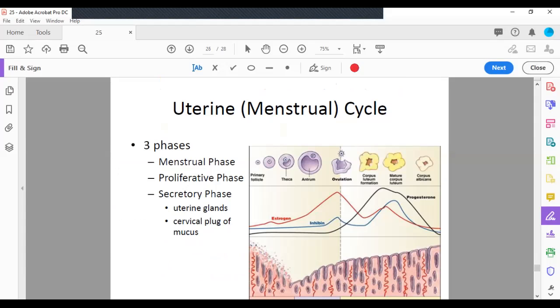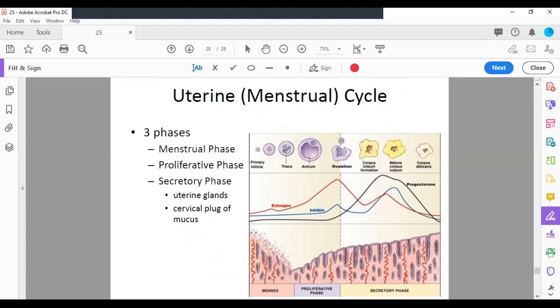In the uterine cycle, you can see that there are three phases.